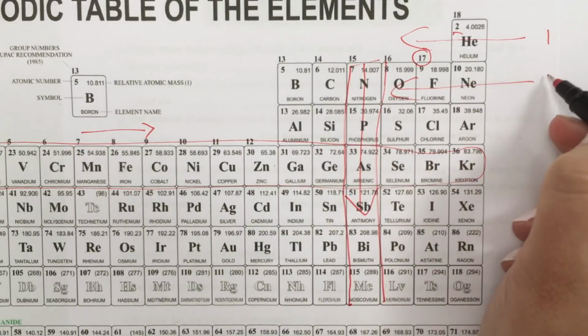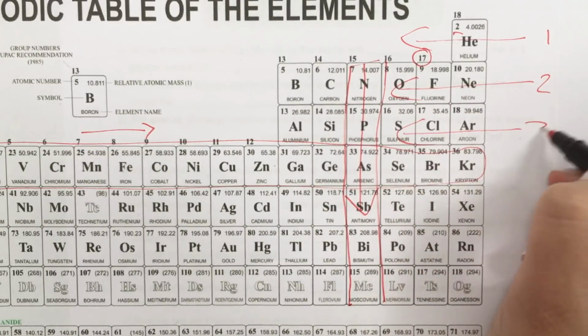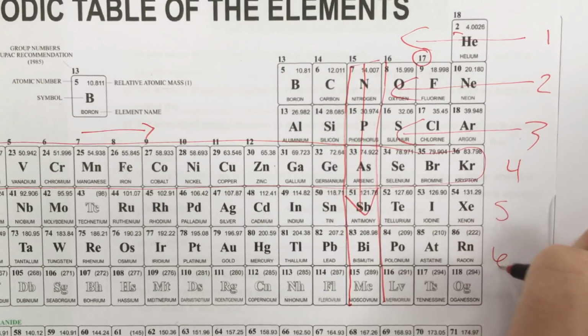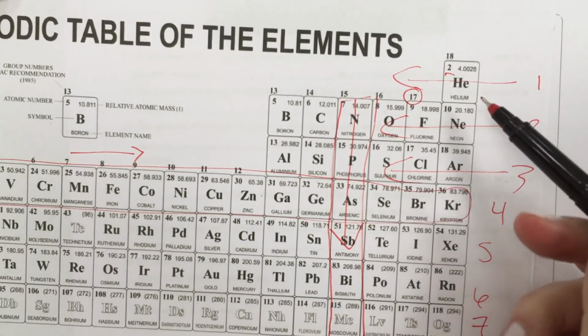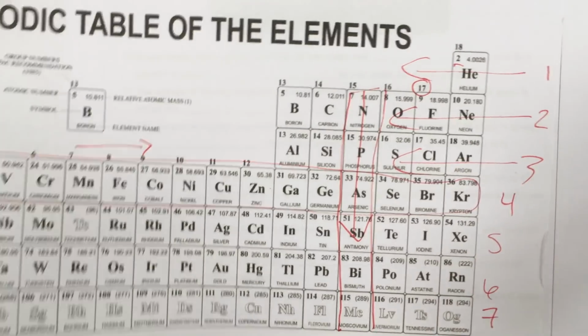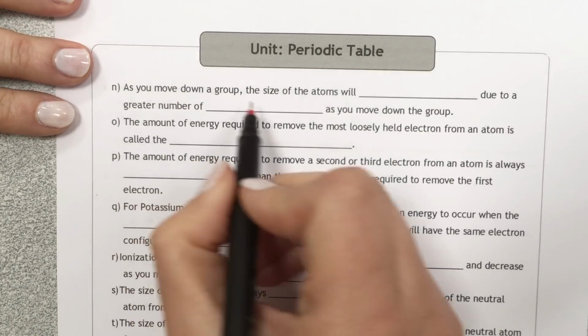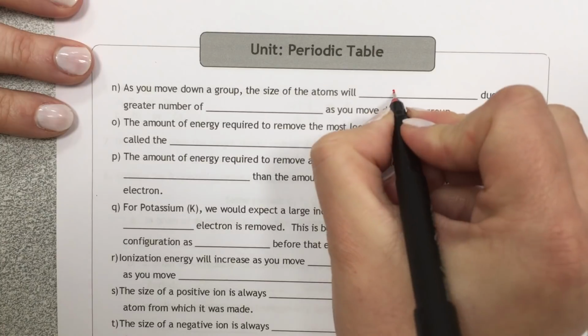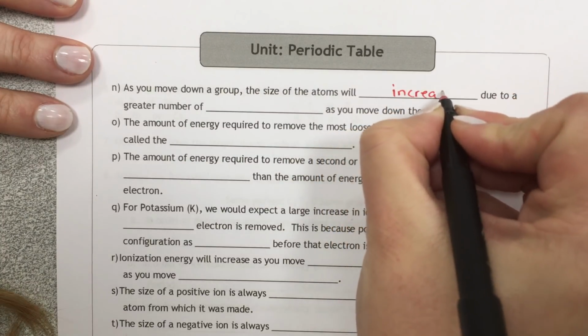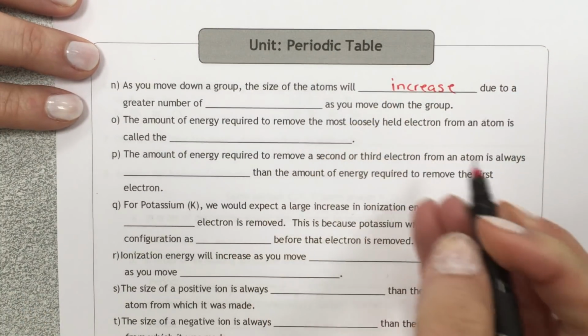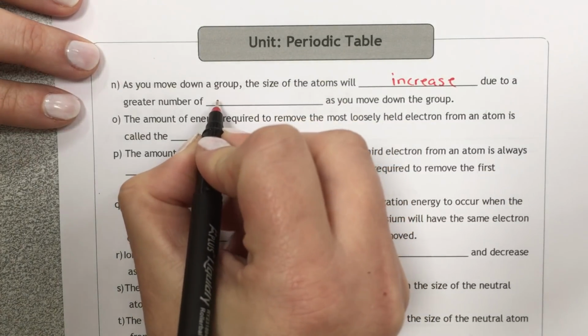This whole period has 2 energy levels. This whole one has 3, 4, 5, 6, 7. So as you go down a group, the size of the atom will increase due to the greater number of energy levels.